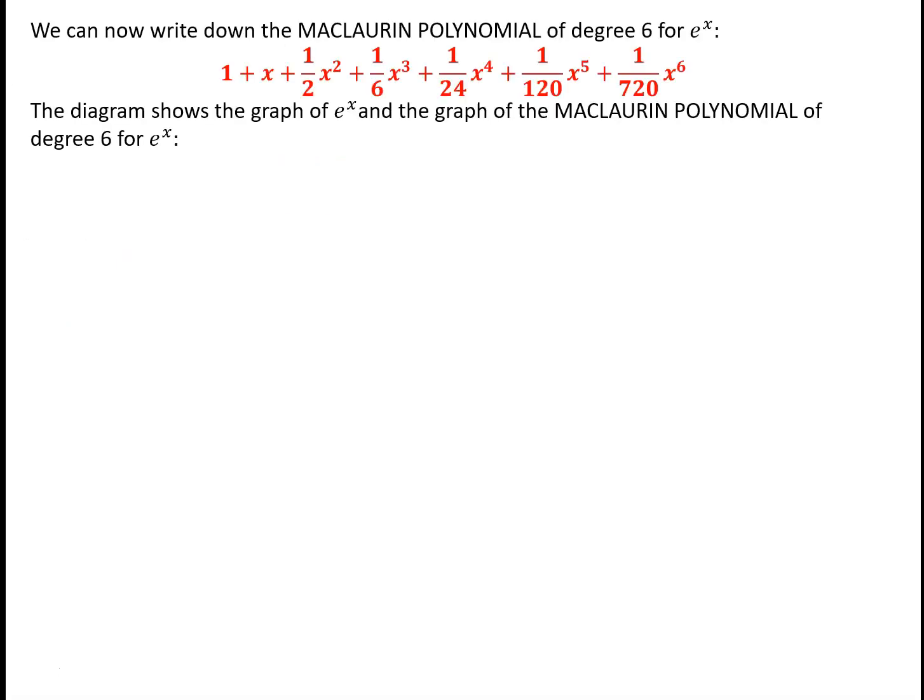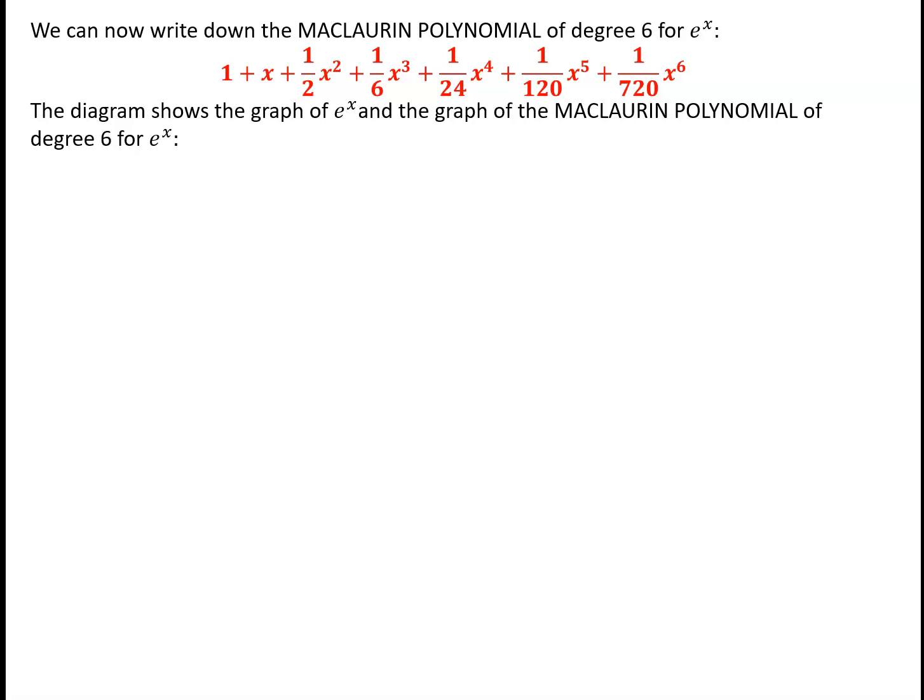So, we've now got the Maclaurin polynomial of degree 6 for e to the x, which is 1 plus x plus a half x squared plus a sixth x cubed plus a 24th x to the 4 plus 1/120th x to the 5 plus 1/720th x to the 6.